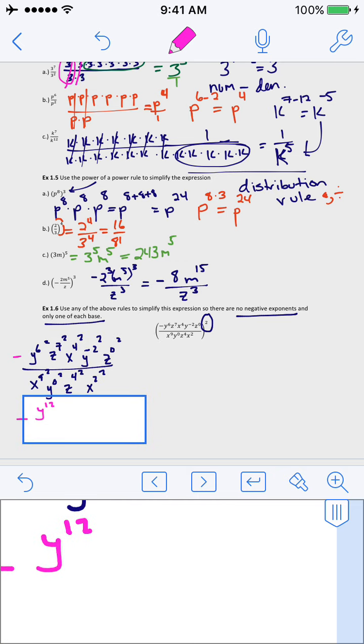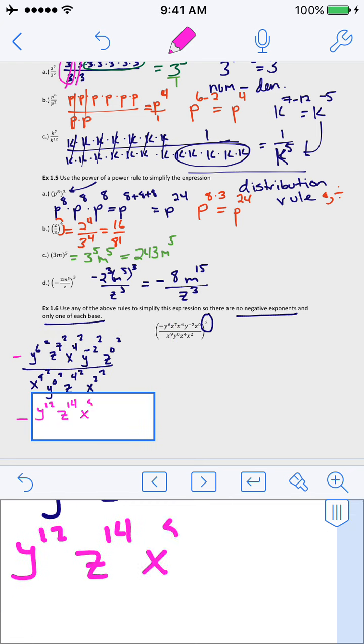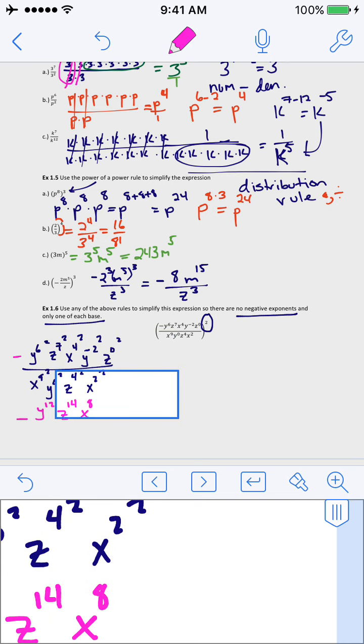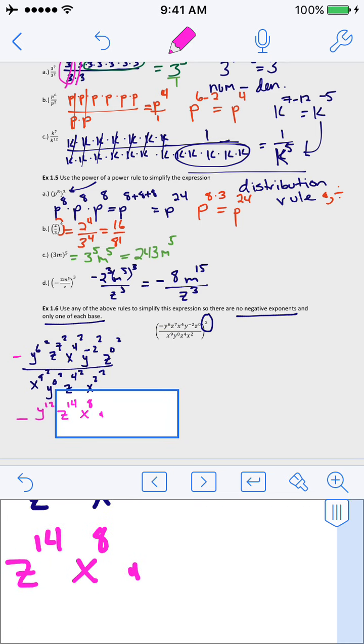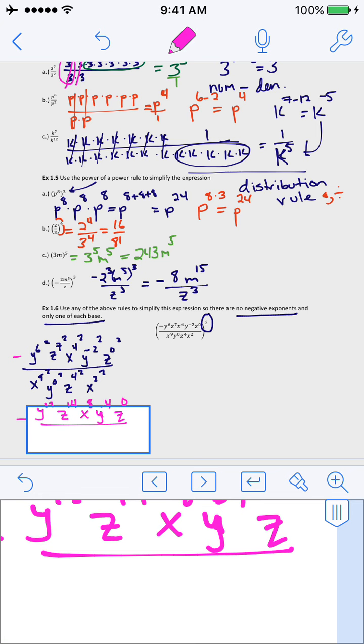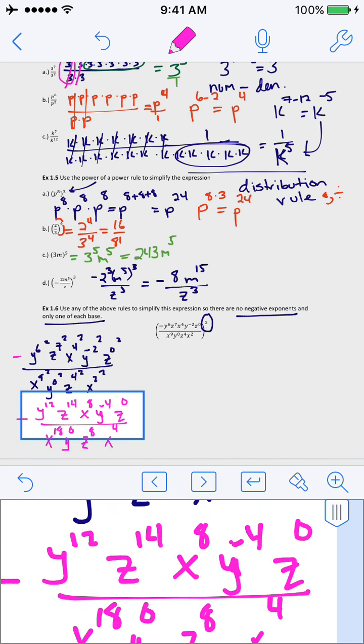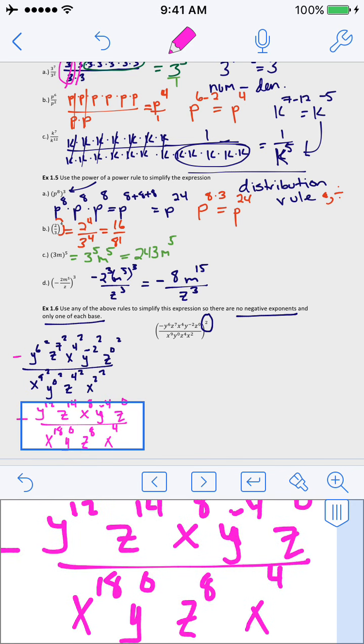Here we've got z to the 14th, x to the 8th, y to the negative 4th, z to the 0, all over x to the 18th, y to the 0, z to the 8th, x to the 4th. So I just multiplied every single power to a power that I had.